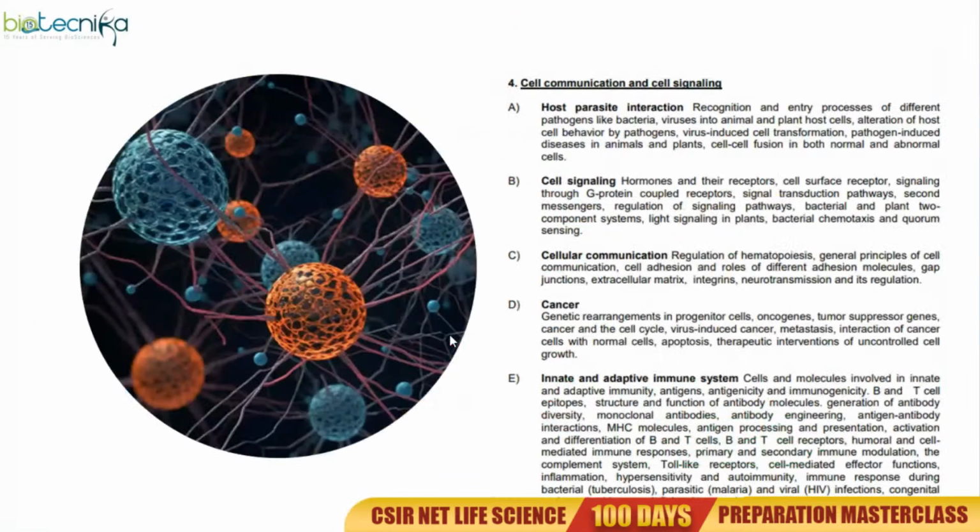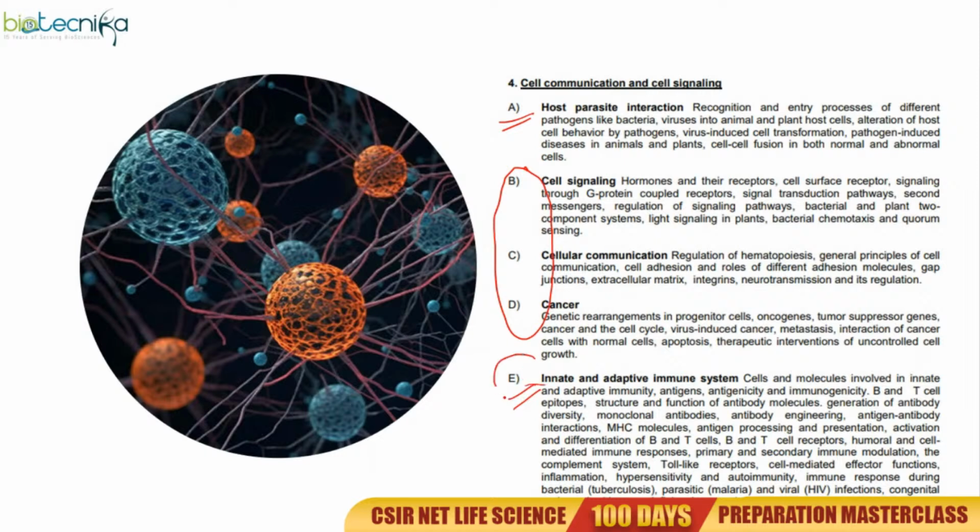Then moving ahead, we have the fourth unit, that is cell communication and cell signaling. From this unit, you can ignore this part or you can combine this with immunology part, because more or less the diseases are quite relevant to each other. So that's why you can combine these two things, and other subunits, whether it is cell signaling, cellular communication or cancer, all are equally important.